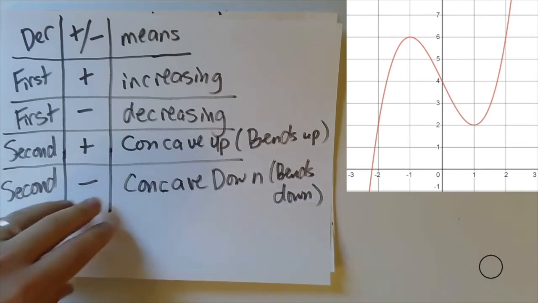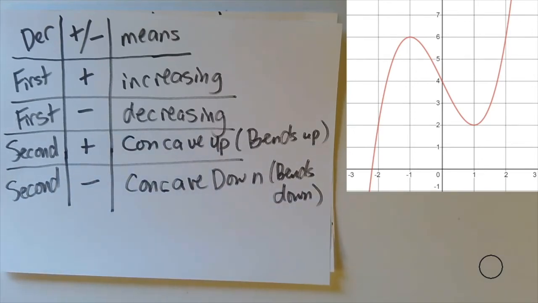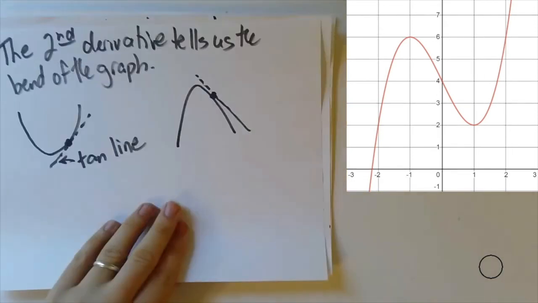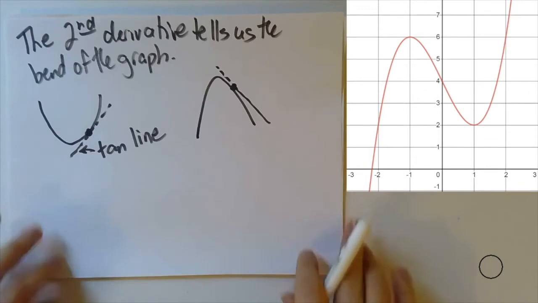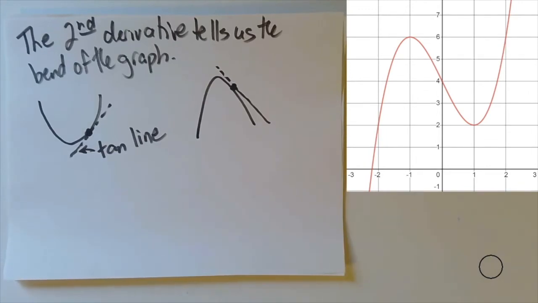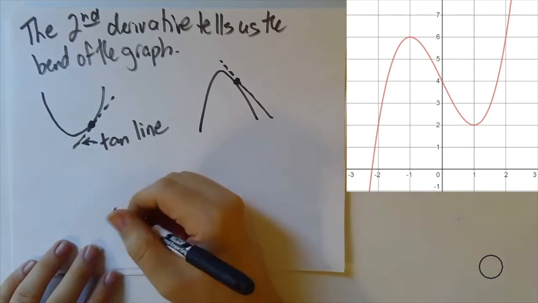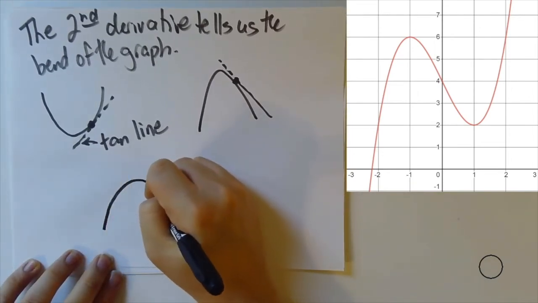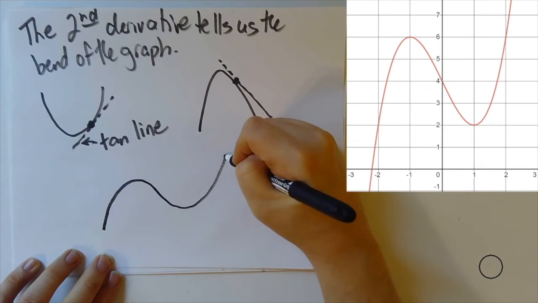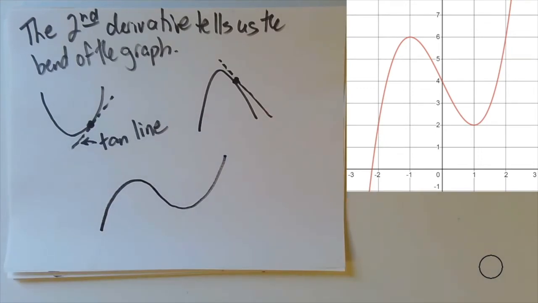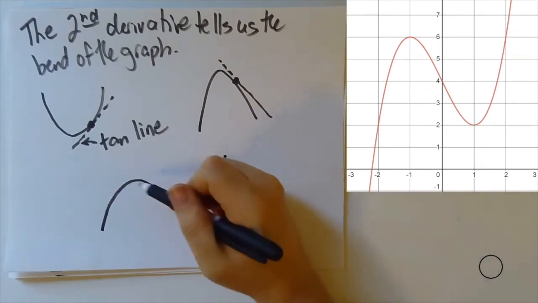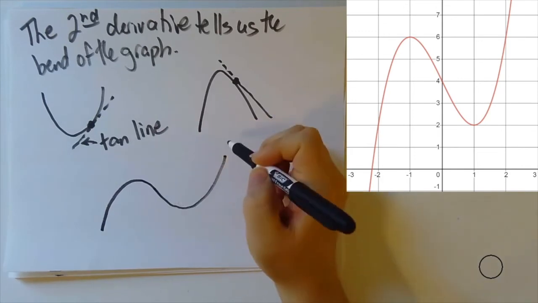Last up for this video, which is getting long, and we'll do a bunch of examples, I want to officially talk about what it means when a graph changes concavity. That is, what does it look like when a graph goes from being concave up to being concave down? Or in this case, I drew the opposite: when a graph goes from being concave down to being concave up.